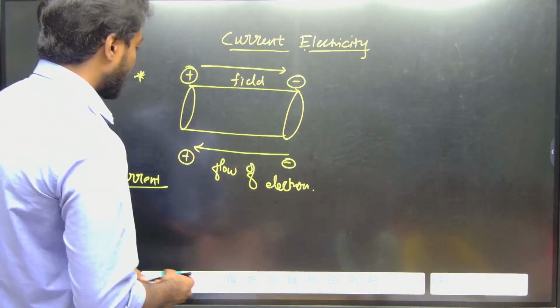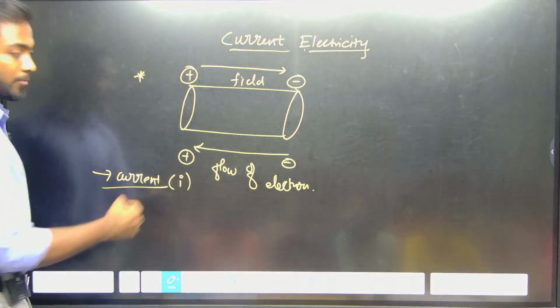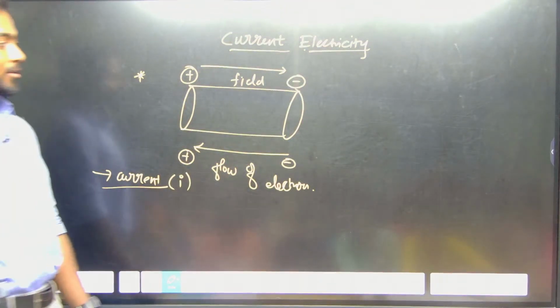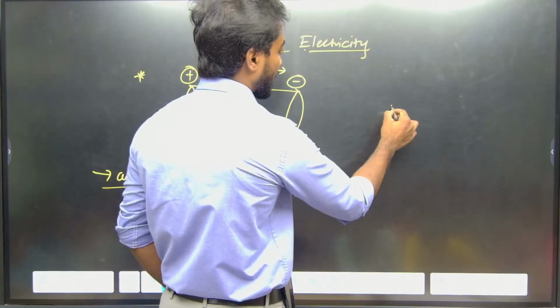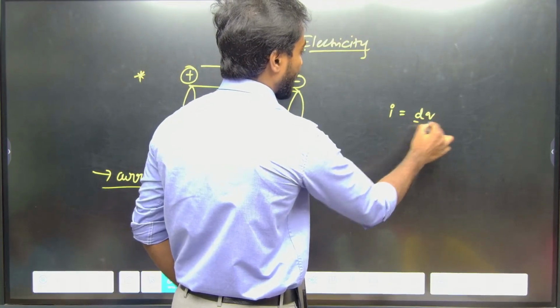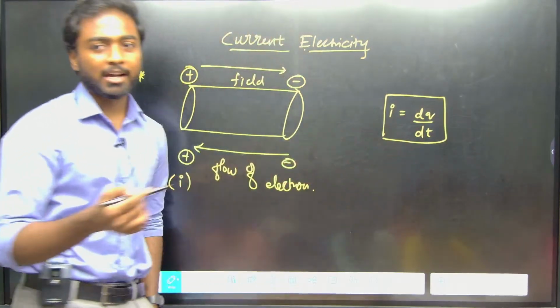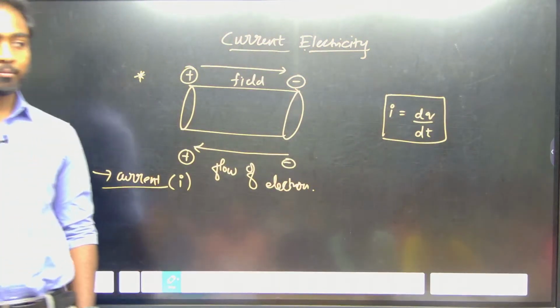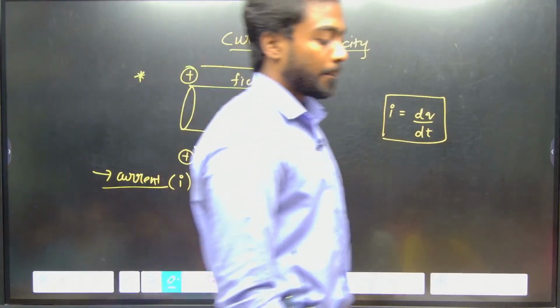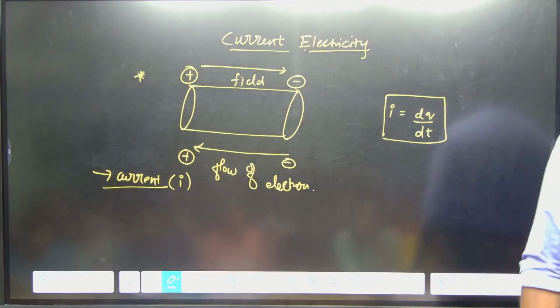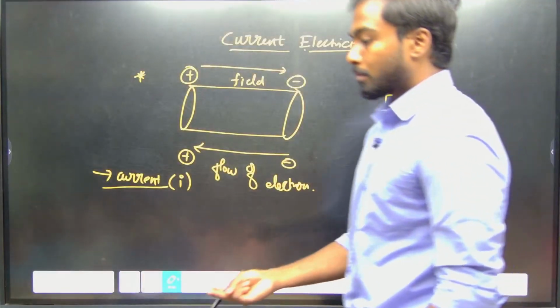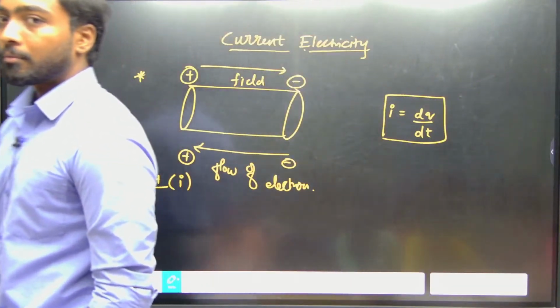So current is usually denoted by the letter I, right? I is nothing but the rate of flow of charge, so I is equal to dq by dt, where q is charge. SI unit is ampere.